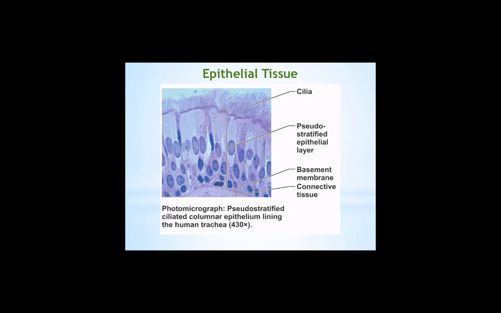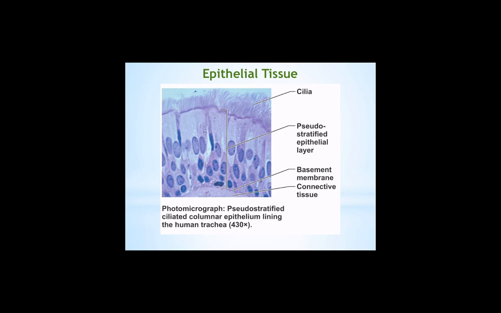This is another form called pseudo-stratified. The cells look as if they're stratified, but they're not. It's just a single layer of cells from bottom to top. It's just the way they fit together. You'll notice at the top are cilia.